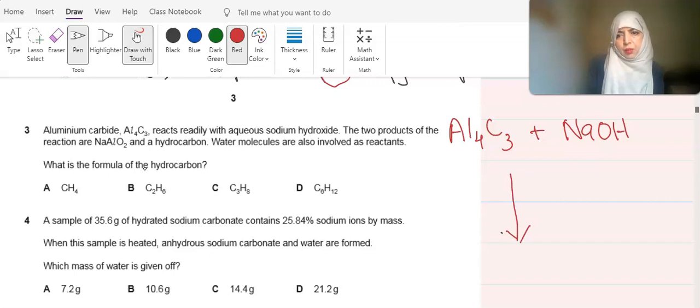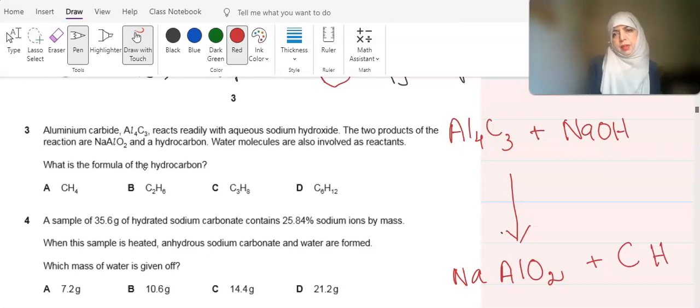So you can add water in the reactant, and the products they have given you are NaAlO2 plus a hydrocarbon, and for the hydrocarbon you don't know the number.